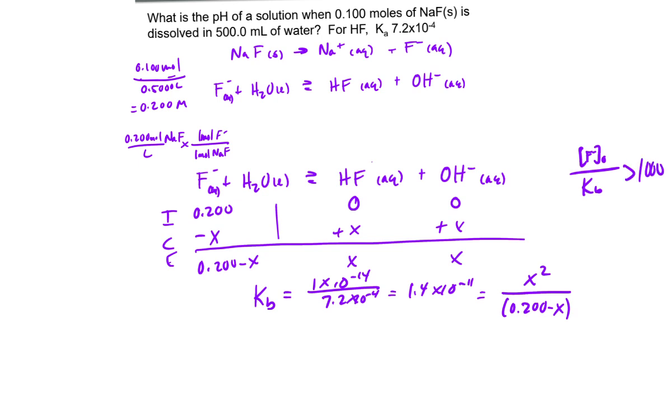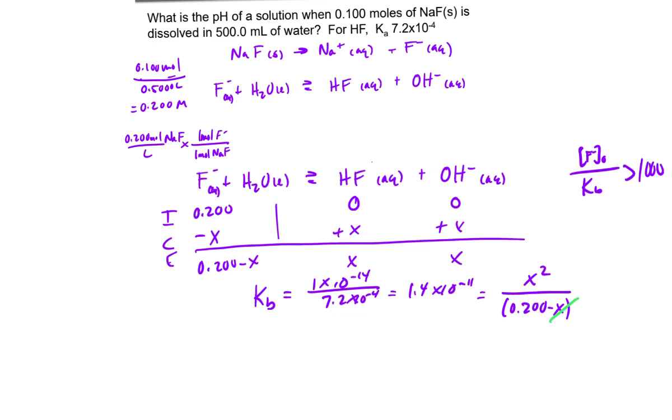And that will be the case here. You can also kind of tell because Kb is so small, times 10 to the minus 11. Okay. And 0.2 is like times 10 to the minus 1. So we're going to get rid of that x. Moral of the story: do check your assumptions, though.